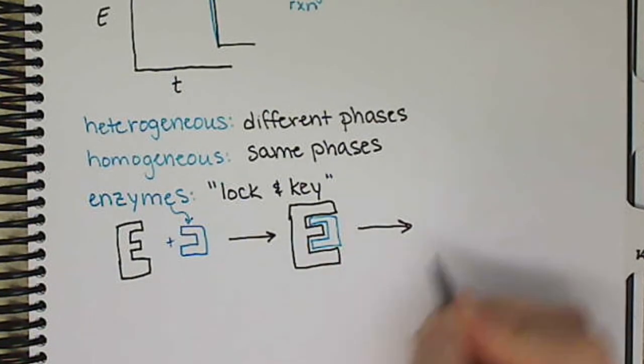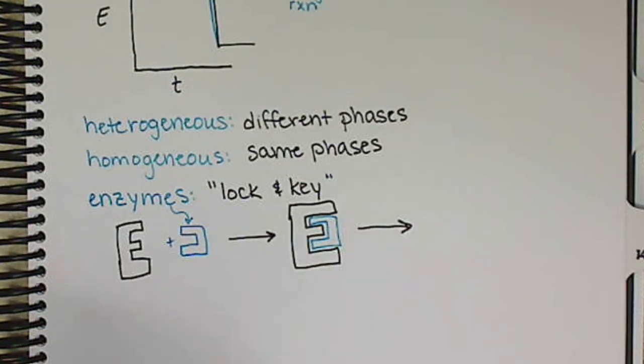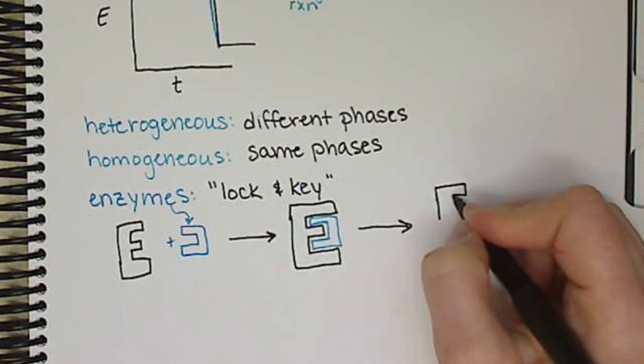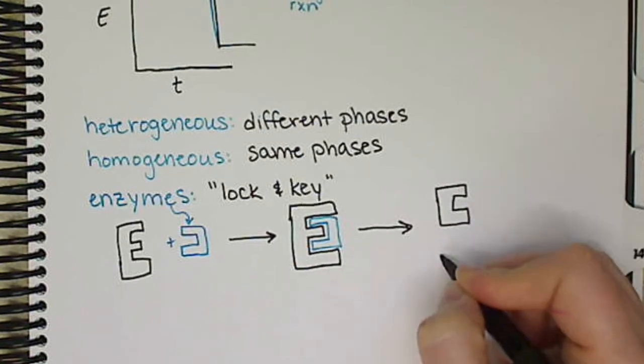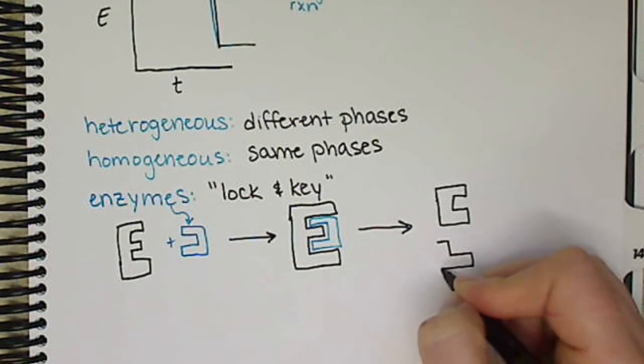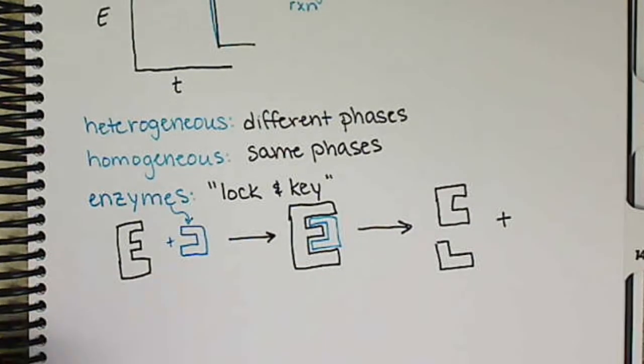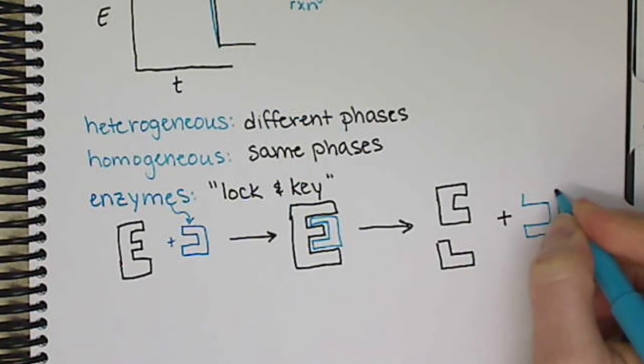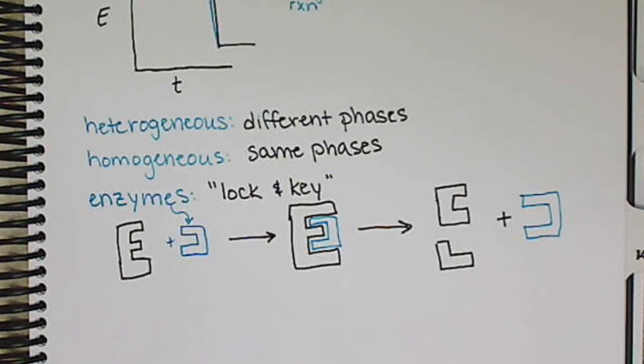And chemistry happens, our reaction occurs, and let's say we were trying to, I don't know, break this apart into two pieces. And then the important piece to a catalyst is that we regenerate our catalyst in the end so that it can continue on in our reaction and react with other substrates.